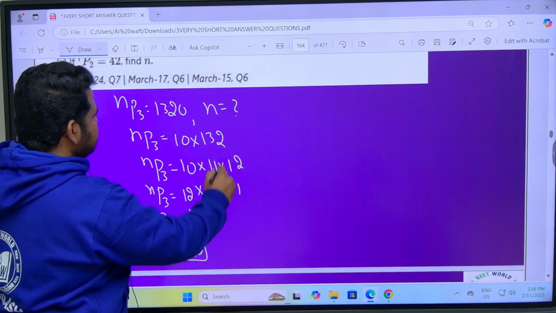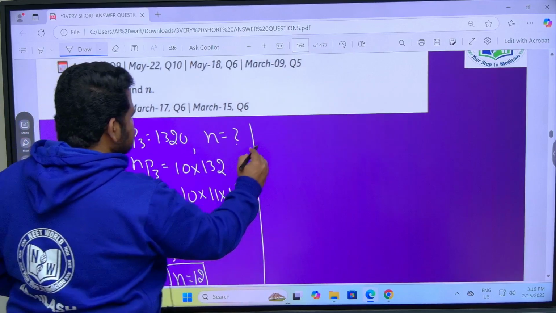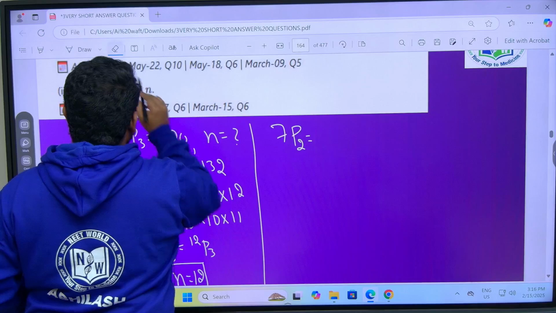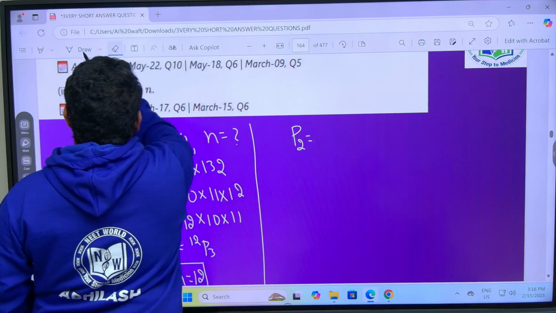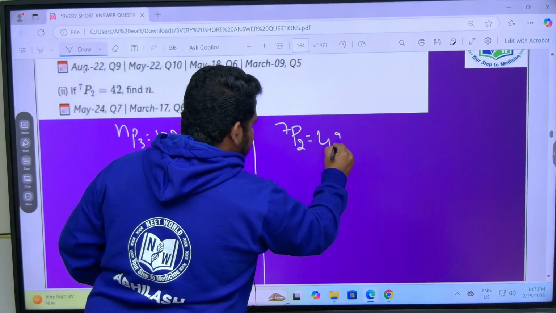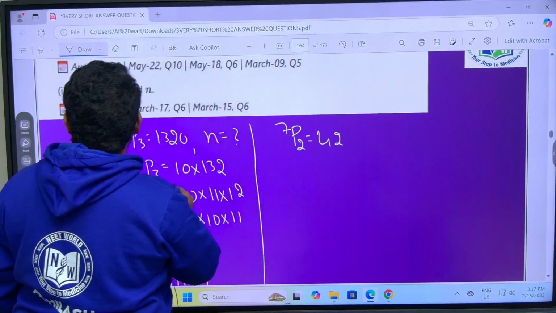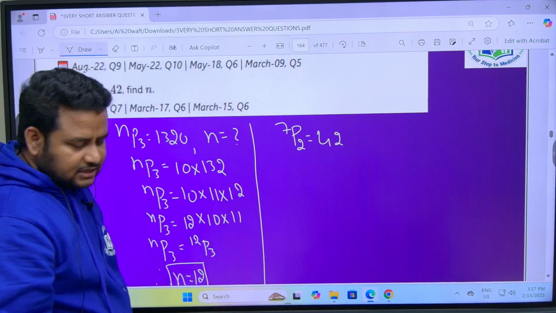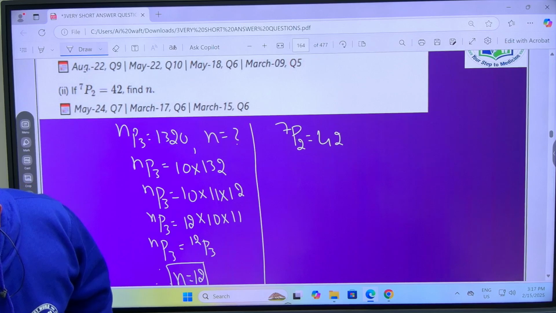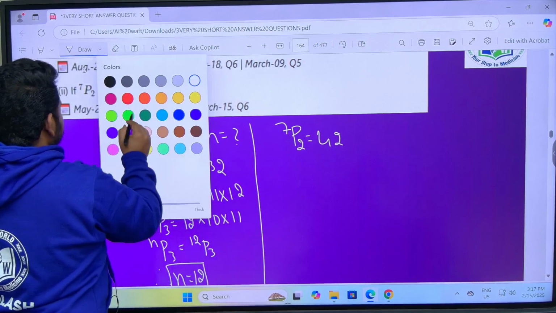So this is the first part. Let us look at the second part. They have given 7P2 is equal to 42 into NP5. Find n. So 7P2 is equal to 42 into NP5.